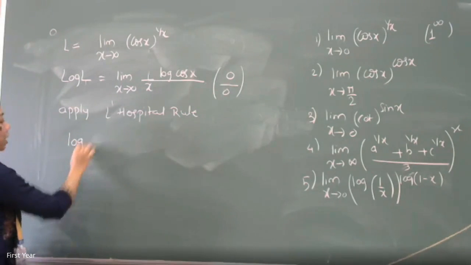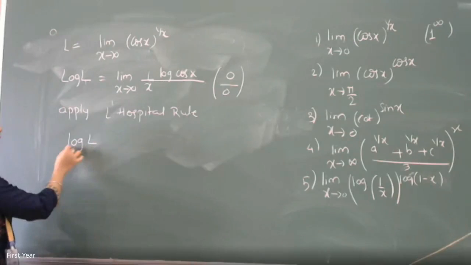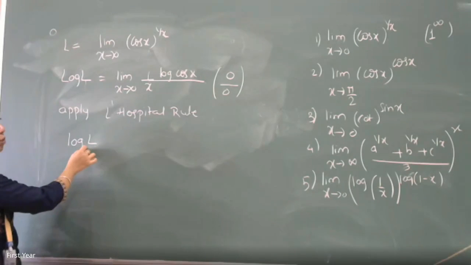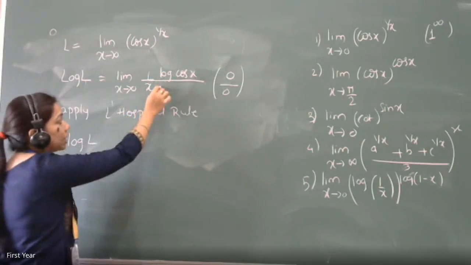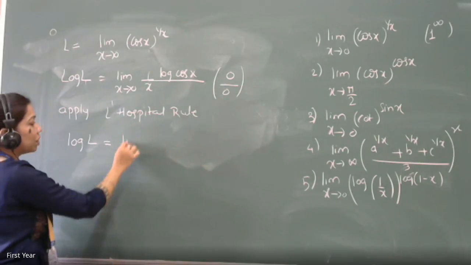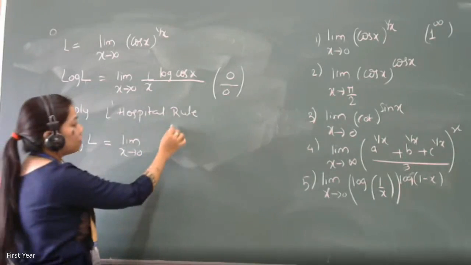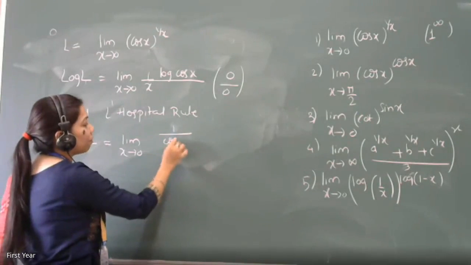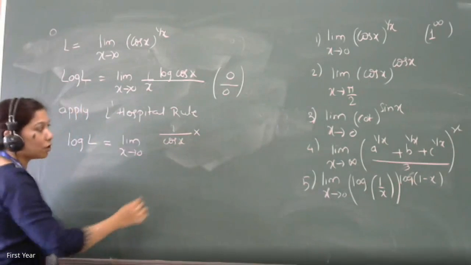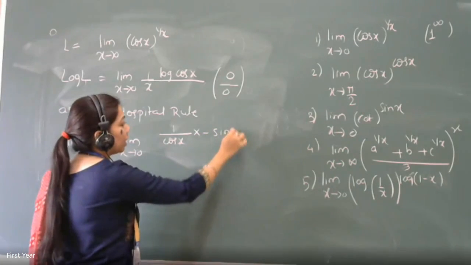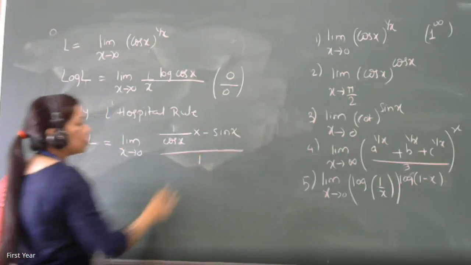So log of L. Now many students make the mistake of writing the derivative of log L also. L'Hospital rule is already applied on the right hand side. So please don't make such kind of mistakes. So limit as x goes to 0, what will be the derivative of log of cos x? Derivative of log is 1 upon cos x into derivative of cos x, which is minus sin x, divided by derivative of x which is 1.